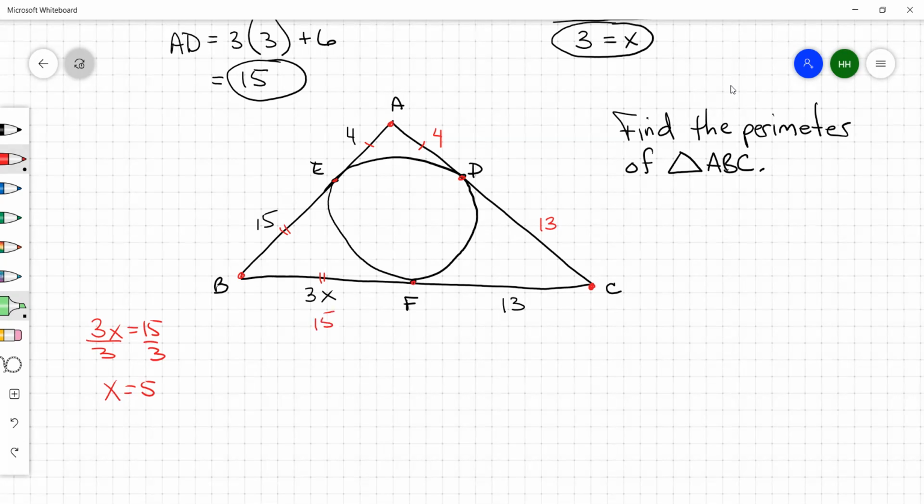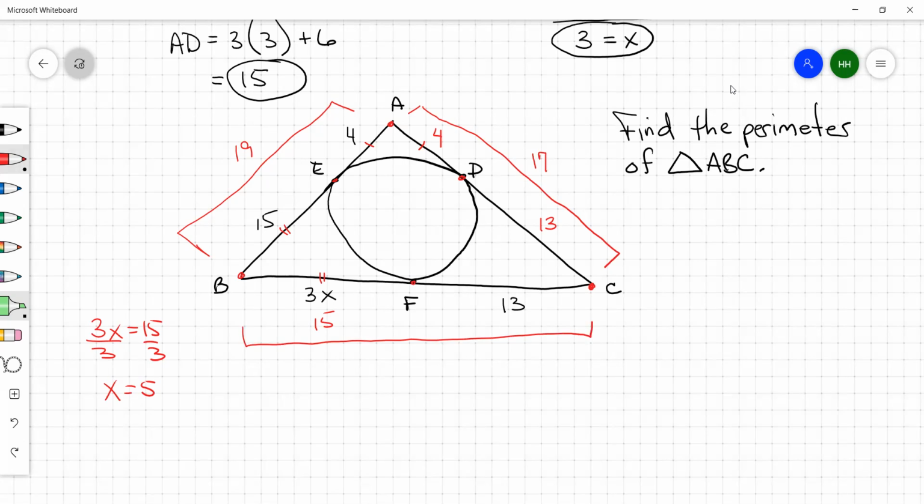15. So then what you do is you just, what's side AB equal to? 19. And side AC is equal to, and then side BC would be equal to 28. So the perimeter would be equal to 19 plus 17 plus 28. So what is that?